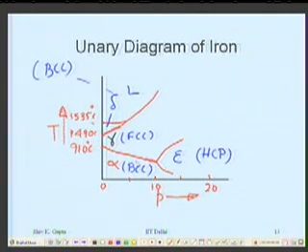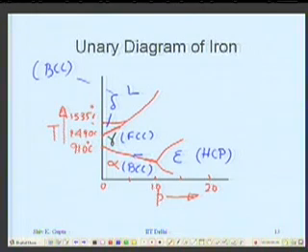So if I am here, I have alpha and gamma in equilibrium. If I change the pressure, increase the pressure, let us say, where do I go? Gamma phase field. It is no more two-phase equilibrium.